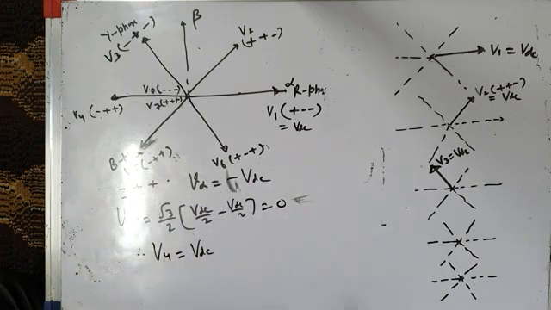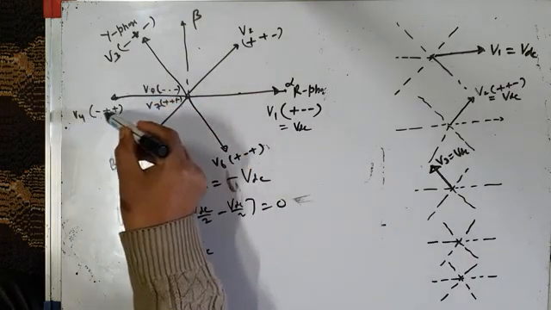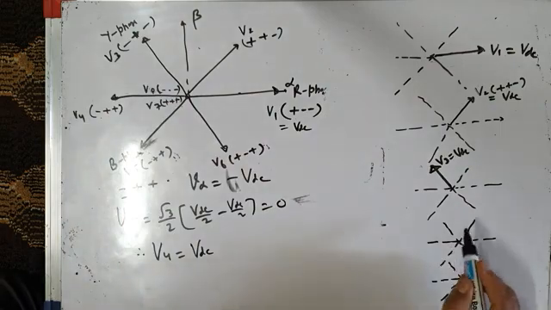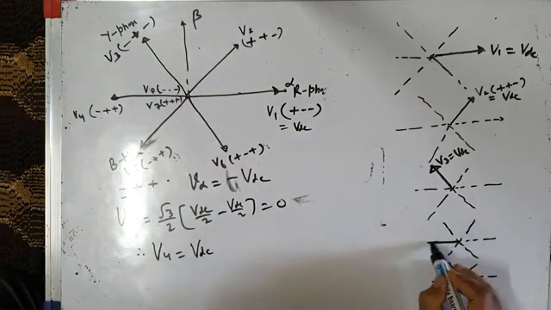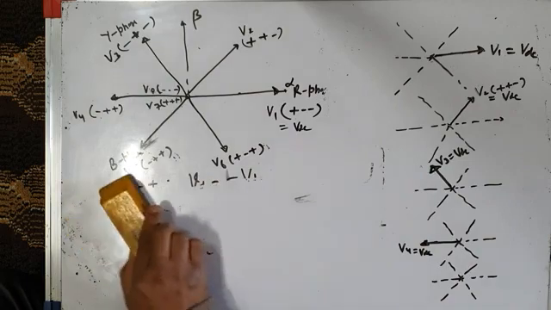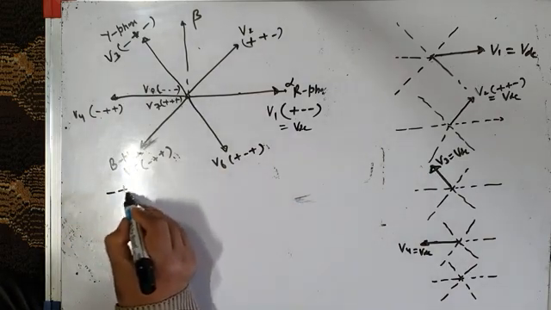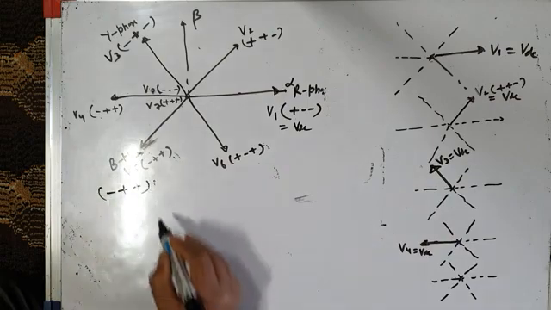That is also equal to VDC, but it will be along this switching state. The switching state is minus plus plus. So this is my voltage vector V4, which is also equal to VDC, but along this. So this was about the fourth switching state. My fifth switching state is this. Let me quickly find V alpha.